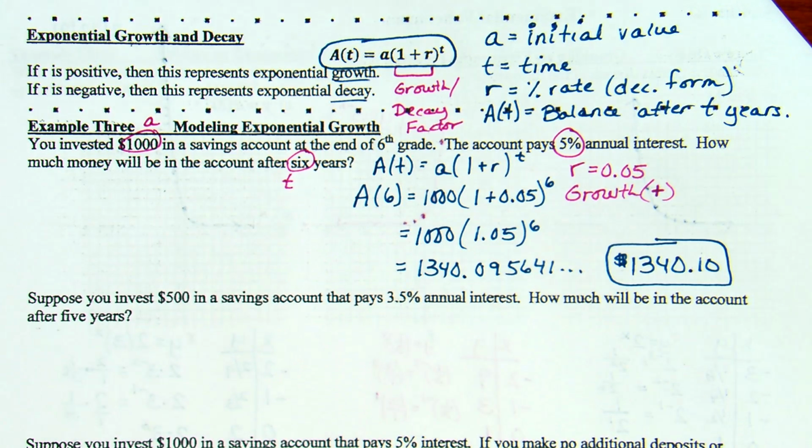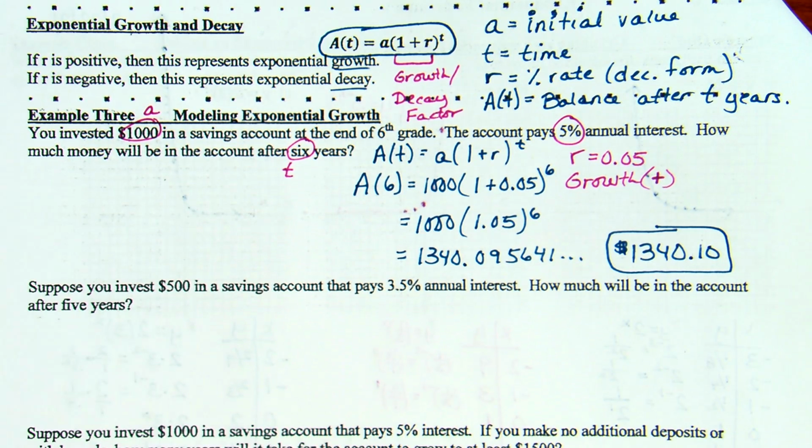So I think what I'm going to do is let's just jump into the second example here and see if we can remember how we were using this growth and decay equation. Suppose you invest $500 in a savings account that pays 3.5% annual interest. How much will be in the account after 5 years?